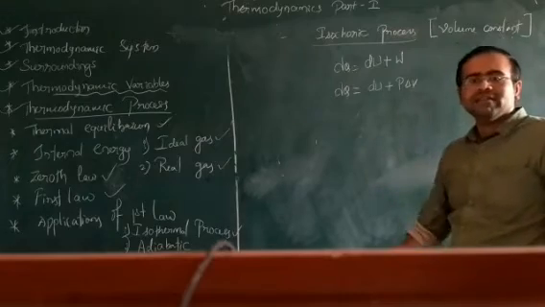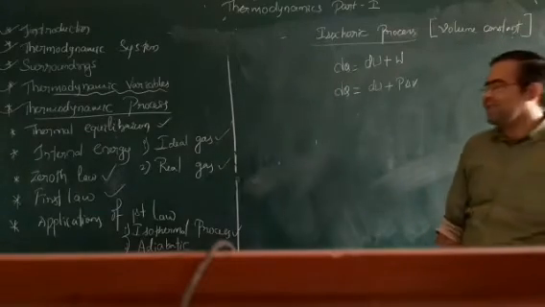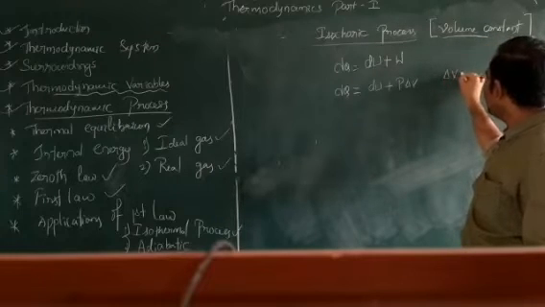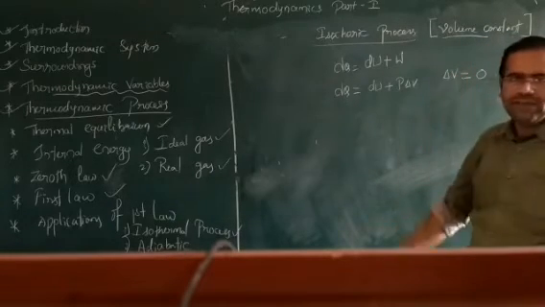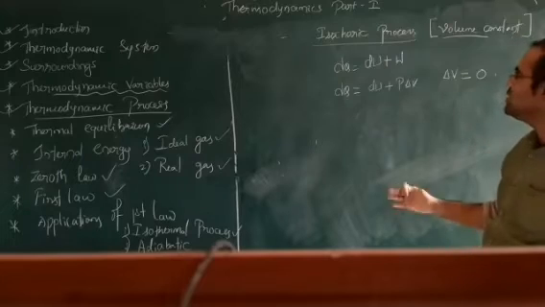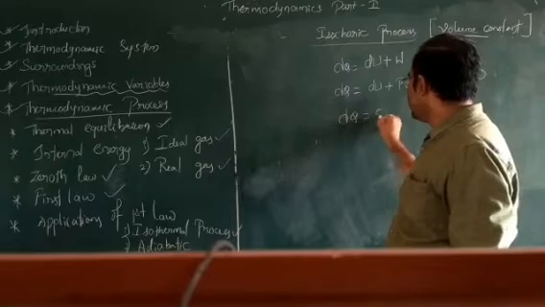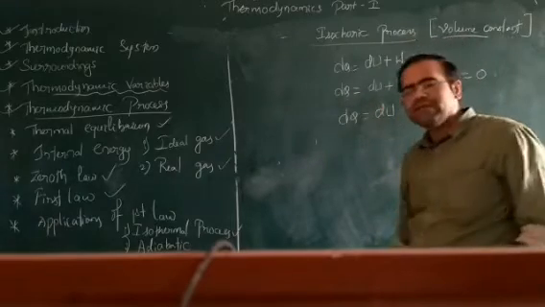Delta v means change in volume. Here when we keep the volume constant, delta v should be taken as 0. So delta v value becomes completely 0, so dq is equal to du. So what is the meaning of this?